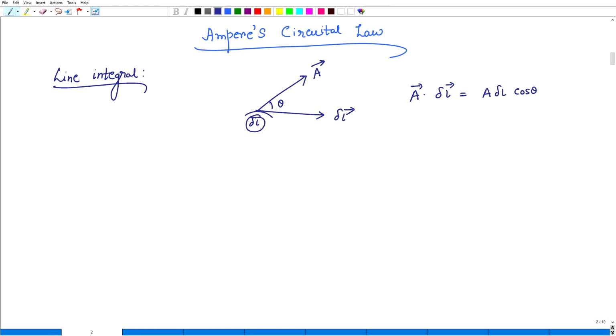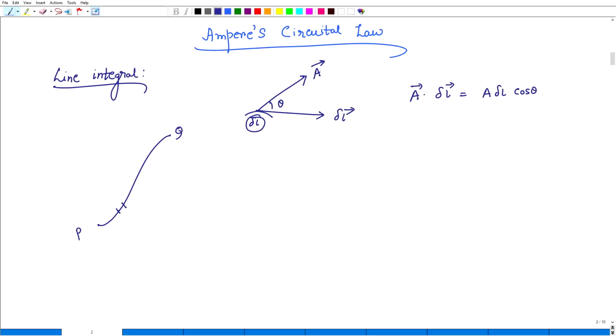Now, if we consider a path or a line like this from P to Q, we can divide this PQ segment into an infinite number of small dl sections.